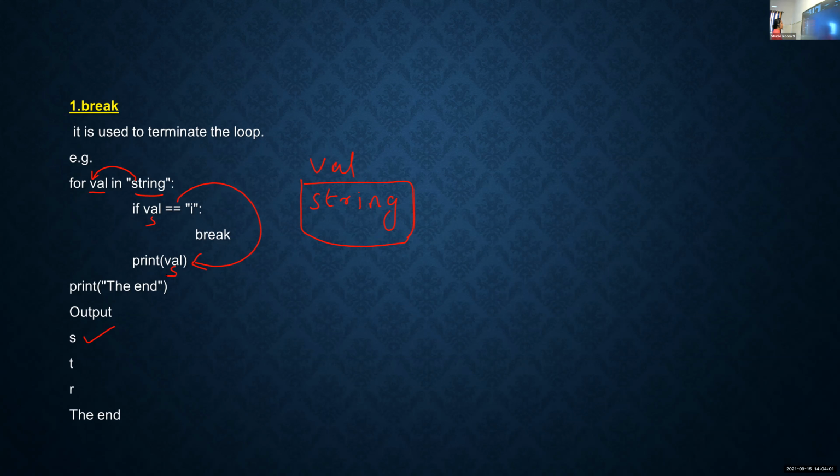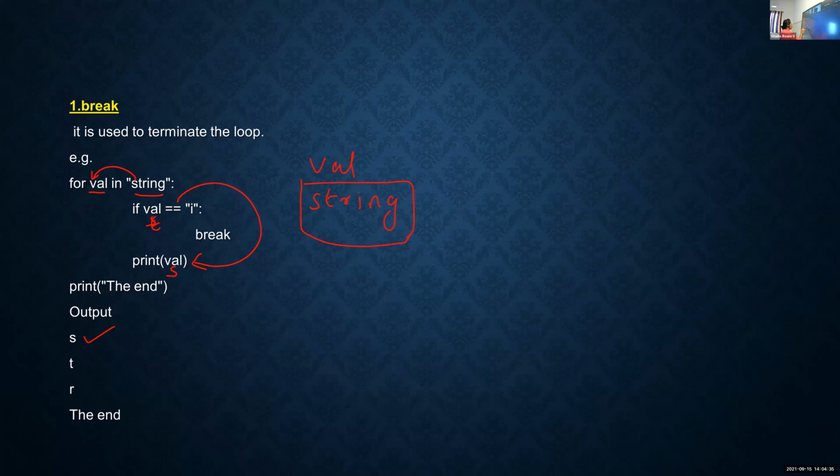Then after that, the next value of val is T. So T equal to I. Again, it is a false statement.